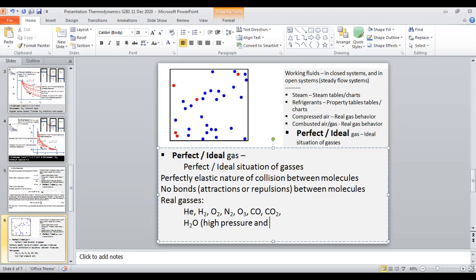Low pressure and higher temperatures, because higher temperatures make H2O molecules violent, so that they can have more speed and may not have significant intermolecular attractions.